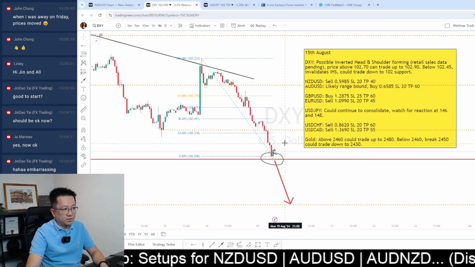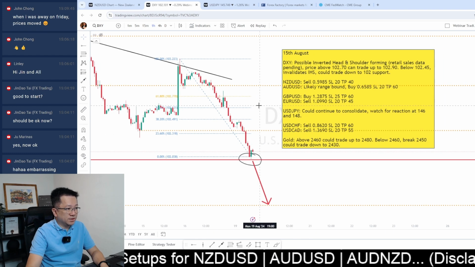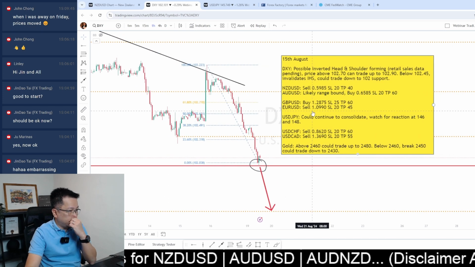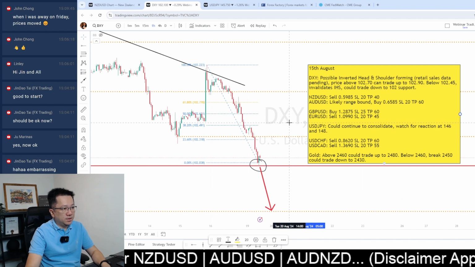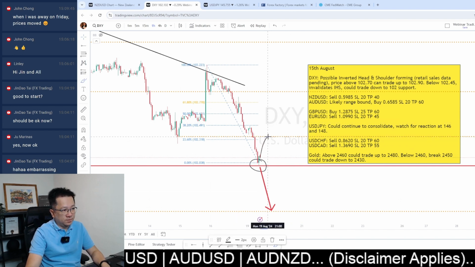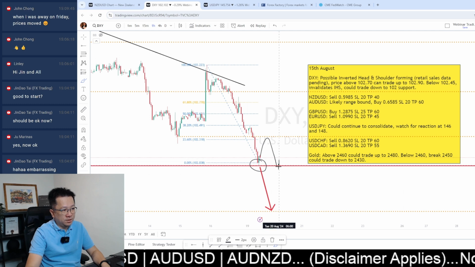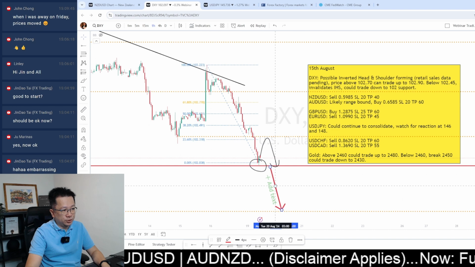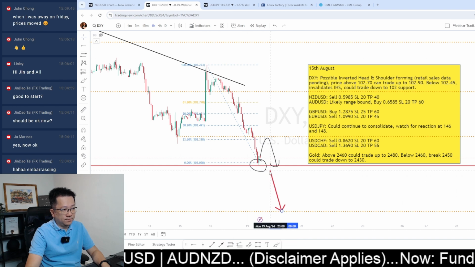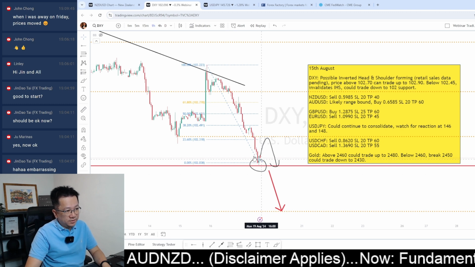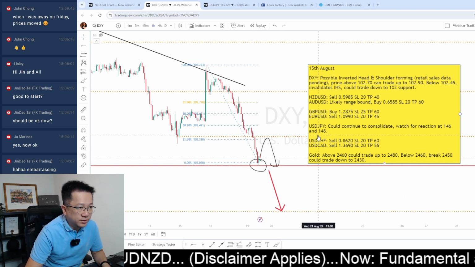Right, it needs to stay below 102.35 to signal that continuation of the downside. So what I mean is that it could do this, could bounce back up before pushing back down again, looking for that reaction. If it breaks, we're looking for that to push to the downside. Okay, or even if it doesn't, then you sit there, look for it to break to the downside.